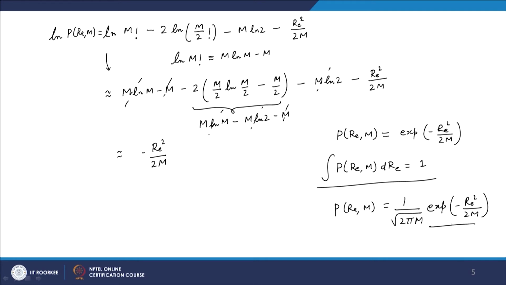So all we care about is the term that comes inside the exponential. The prefactor is simply coming by the normalization.